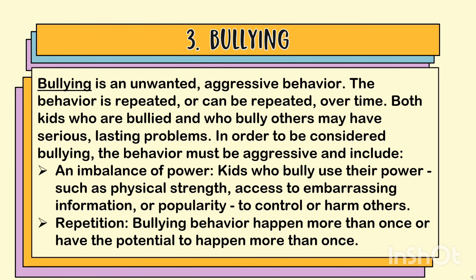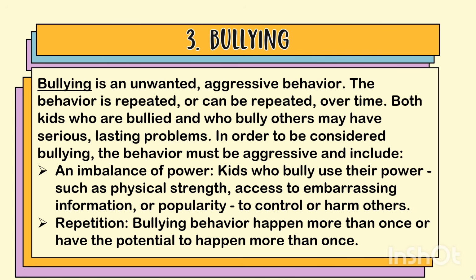The third kind of intentional injury is bullying. Bullying is an unwanted, aggressive behavior. The behavior is repeated or can be repeated over time. Both kids who are bullied and who bully others may have serious lasting problems.